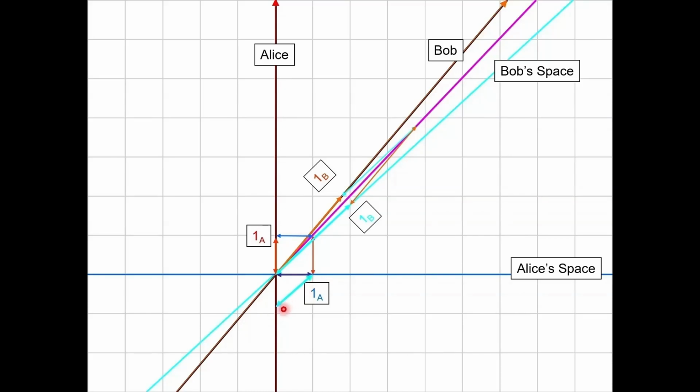So this is the distance over here from Bob's point of view. And again, you can see that this distance over here is half the distance of Bob's 1 unit. So again, from the point of view of Bob, 1 unit of distance of Alice is half a unit of his distance.